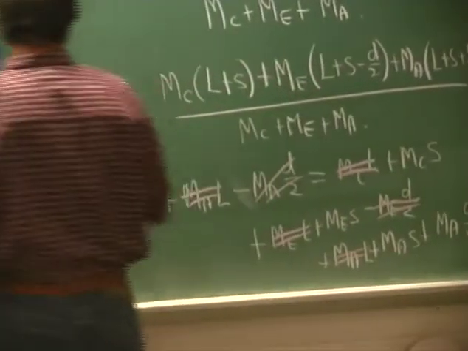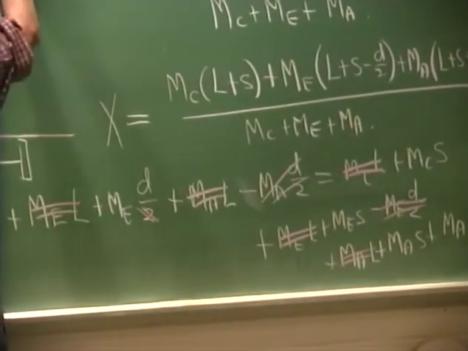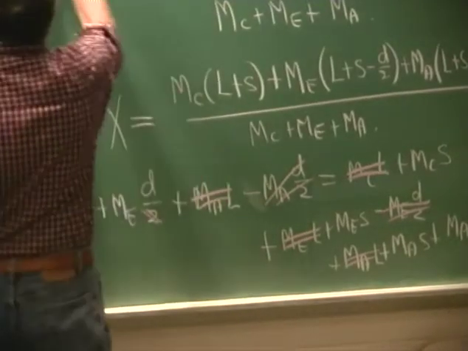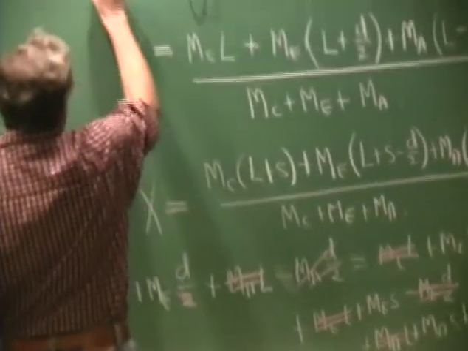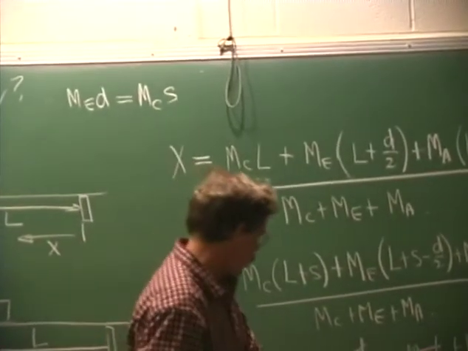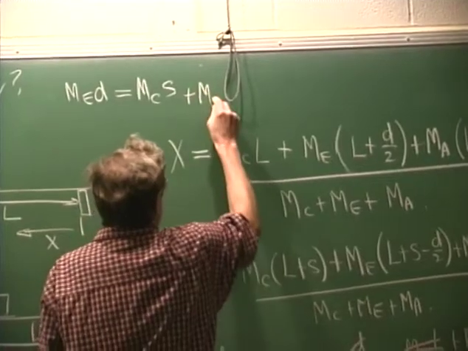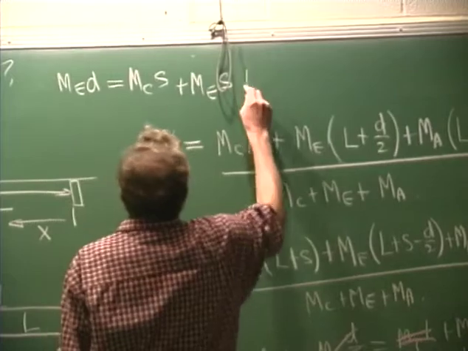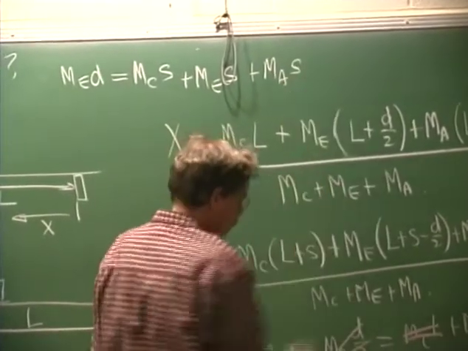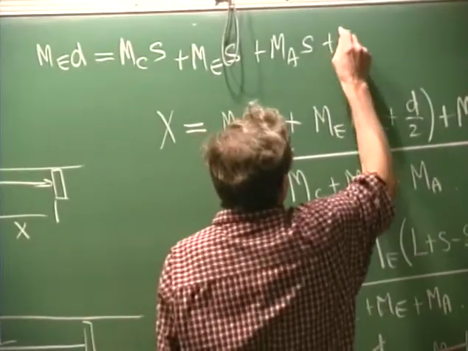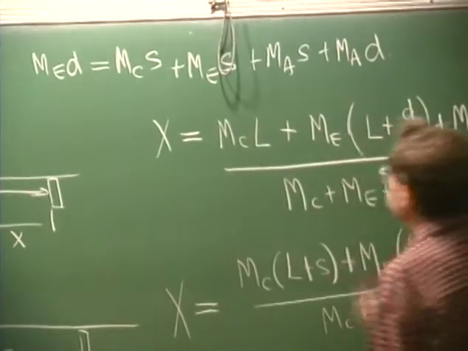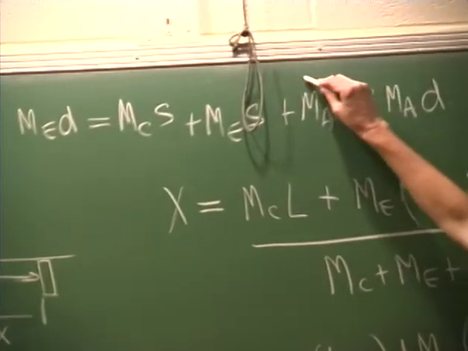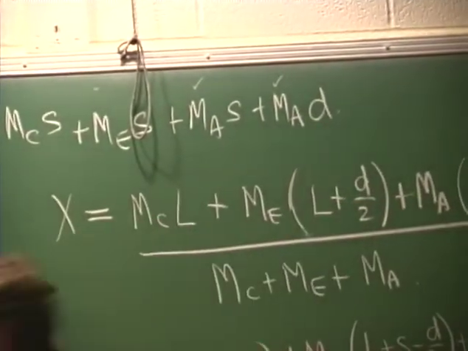So what's the answer here? I'll rewrite this. ME times D, that's all I got on that side, is equal to MC times S plus ME times S plus MA times S plus MA times D. What was I trying to find here? MA, so I see that there's an MA here and an MA here.